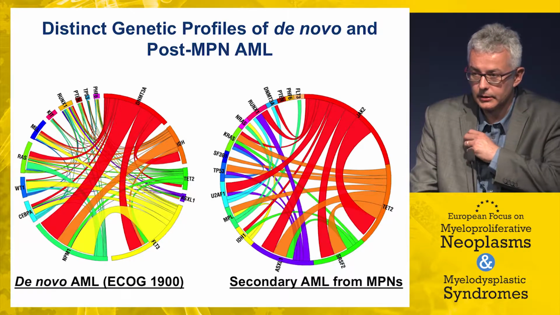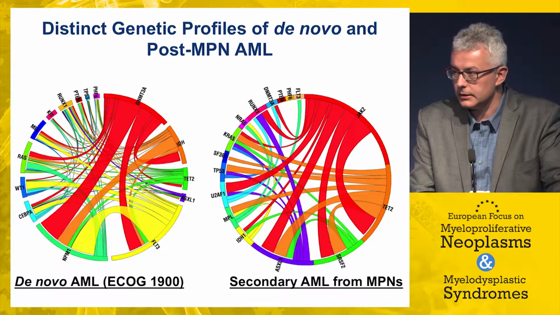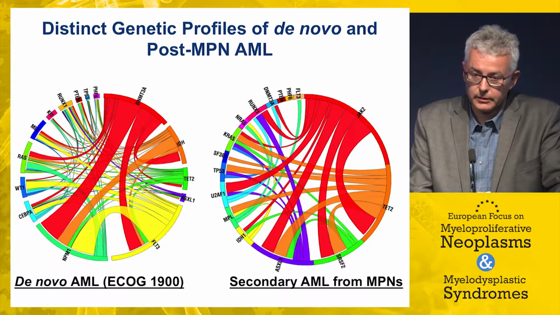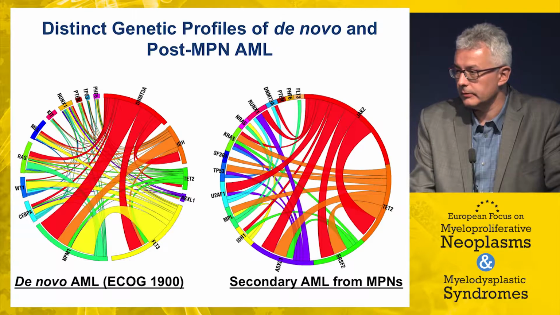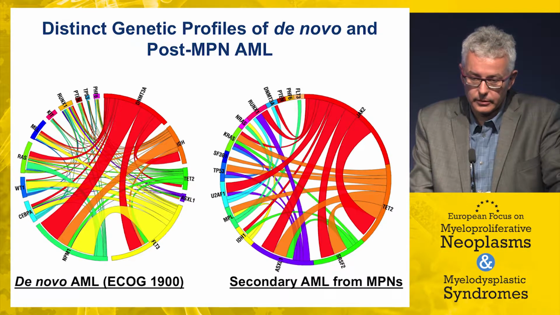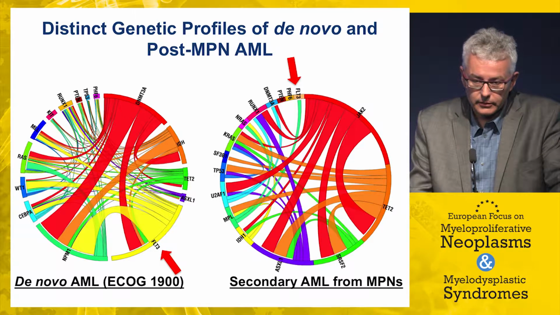The result of this kind of extensive analysis led us to realize that acute myeloid leukemia that develops from myeloproliferative neoplasms appears to be completely different genetically than de novo acute myeloid leukemia, and this is one of the comparisons. We have some of the markers here.